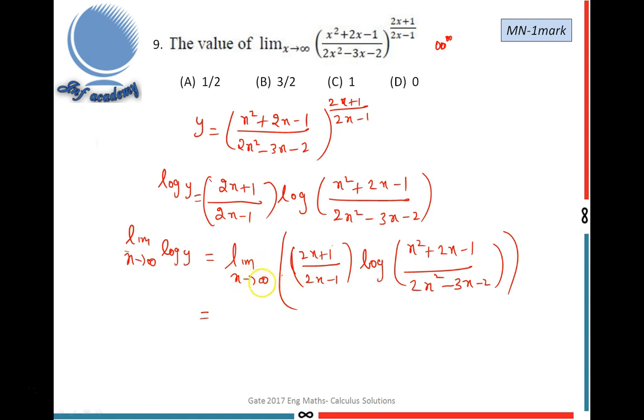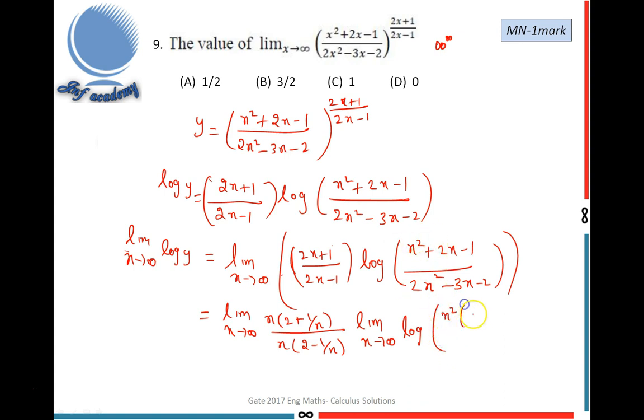So limit x tends to infinity. Take x outside: I got (2 plus 1 by x) divided by (2 minus 1 by x). In this place, limit x tends to infinity of log of, here I took x square outside, (1 plus 2 by x minus 1 by x square) divided by (2 minus 3 by x minus 2 by x square).